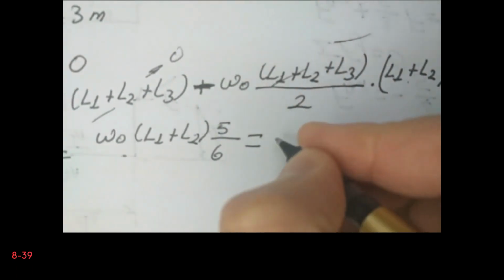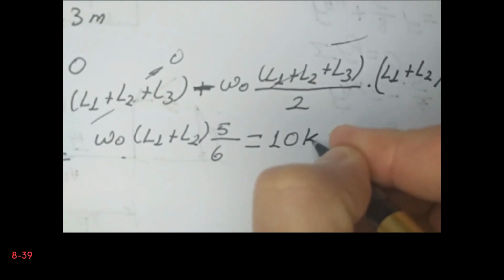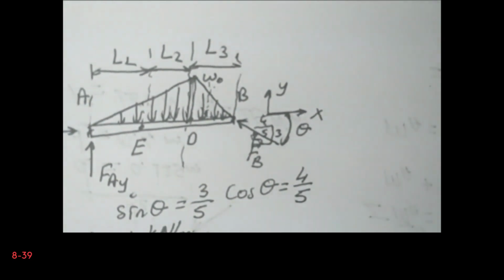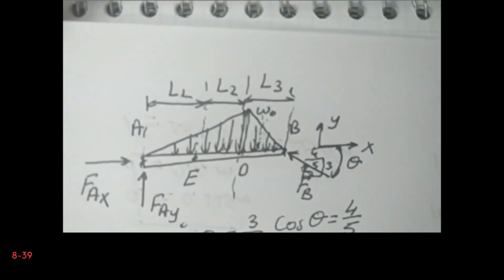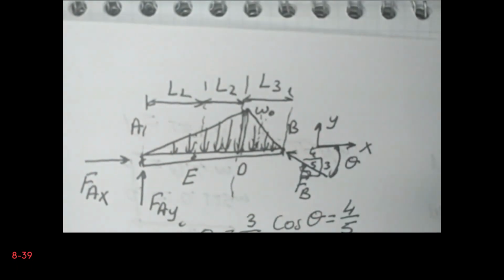Now we need to calculate the support reactions at A. We don't have any moment there. We have only two forces. So in fact we can calculate them from static equilibrium. So sum of the forces in each direction has to be equal to 0.